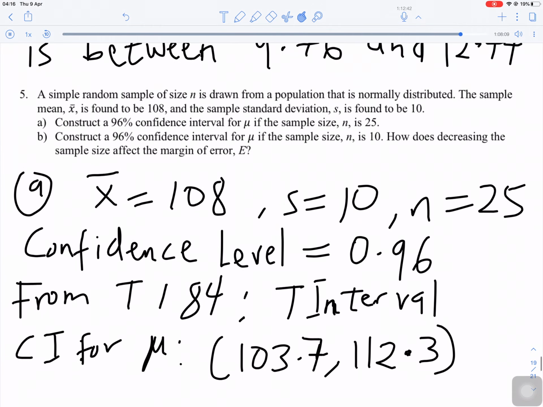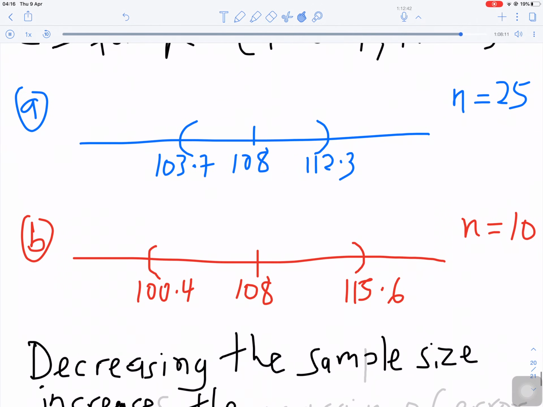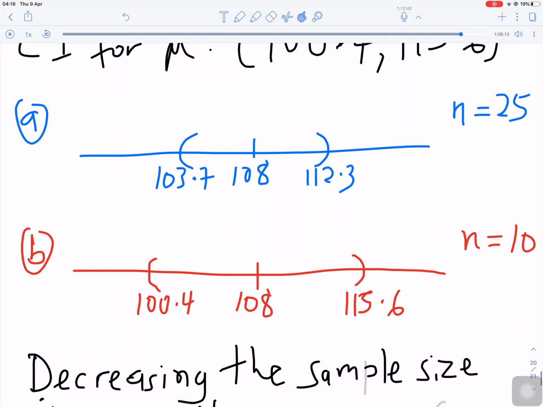Okay, so now let's look at this. With a sample size of 25, our interval is 103.7 to 112.3. Now with a sample size of 10, we have an interval of 100.4 to 115.6.